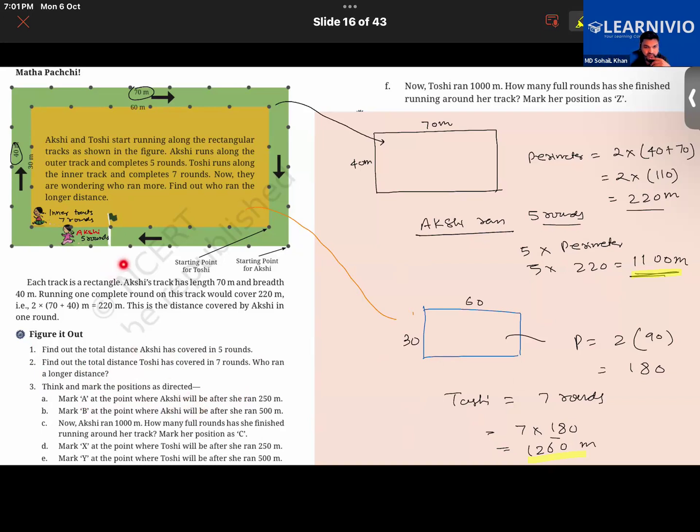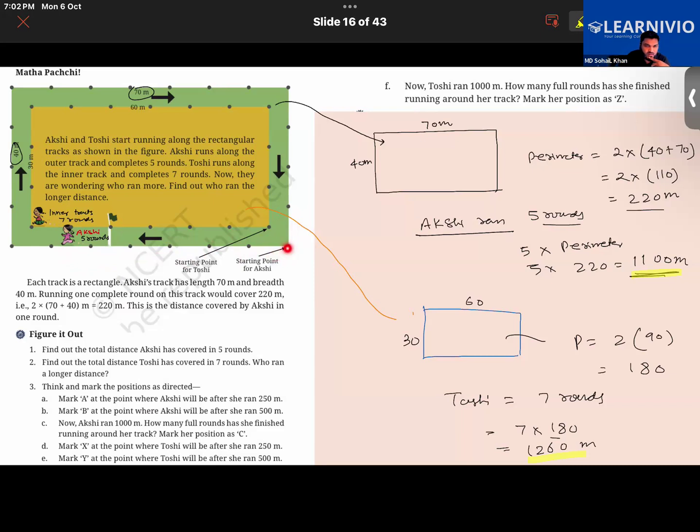Look here. She started running from here, right? So where is she going to be after she has run 250 meter? She's running on the outer track. By the way, this is the starting point of Akshi actually, not this one. It's given here that this is where she has started to run.